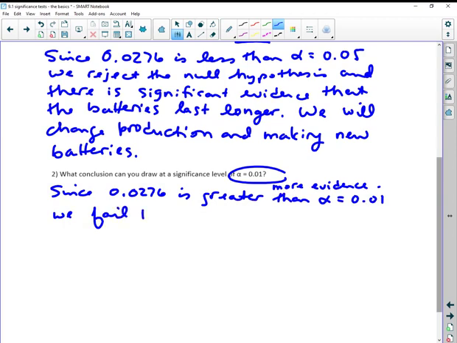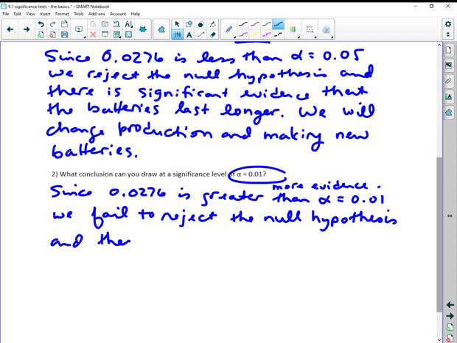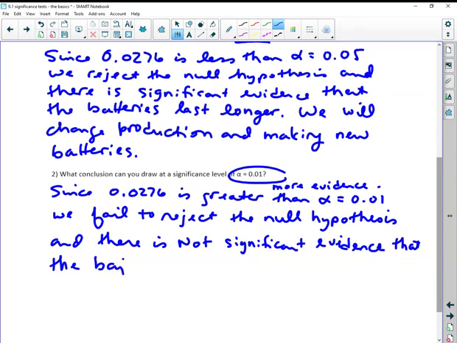There's my difference. Fail to reject the null hypothesis. The sentence is very, very similar, and there is not significant evidence that the batteries last longer. Notice how that's worded the same.